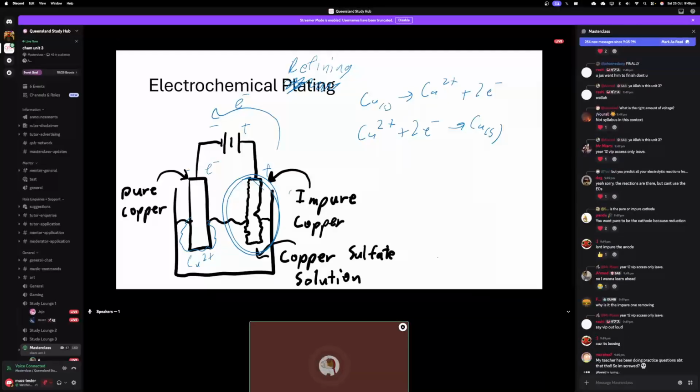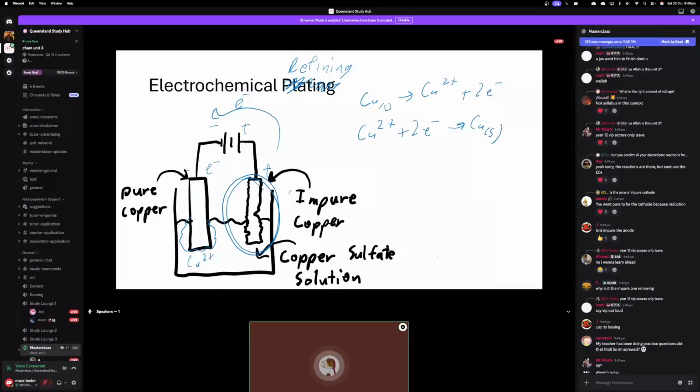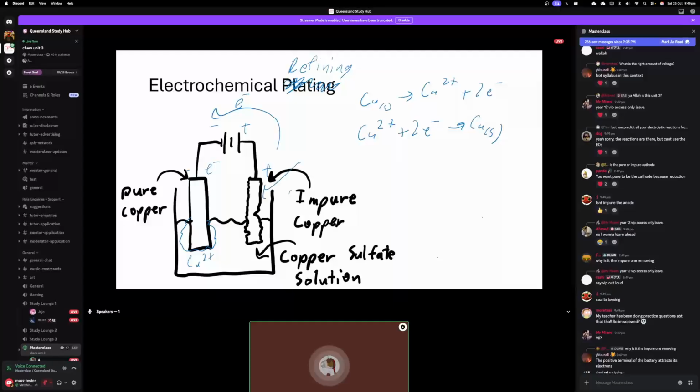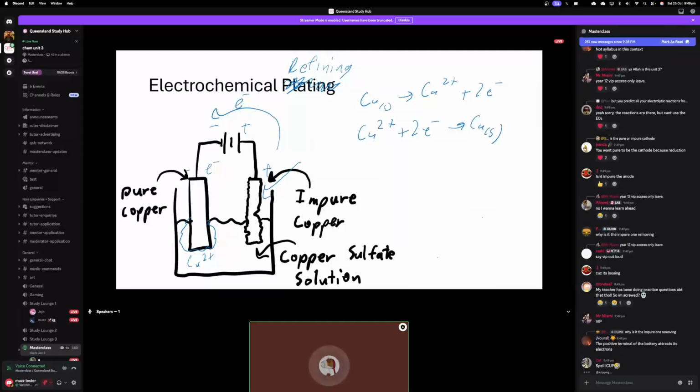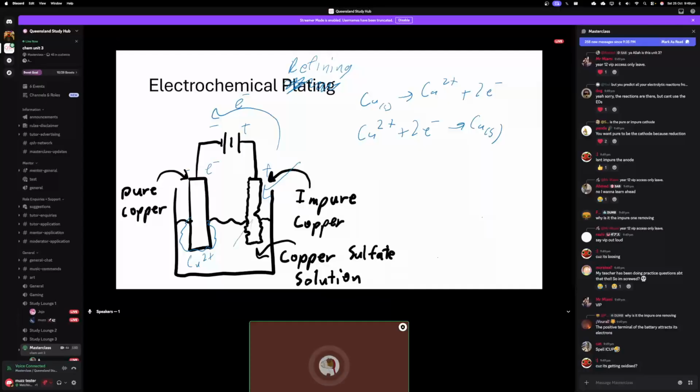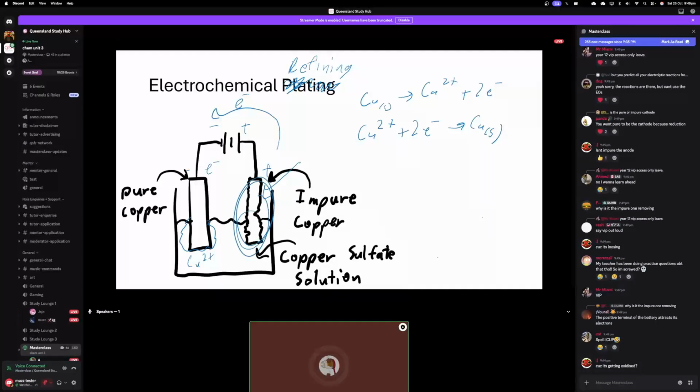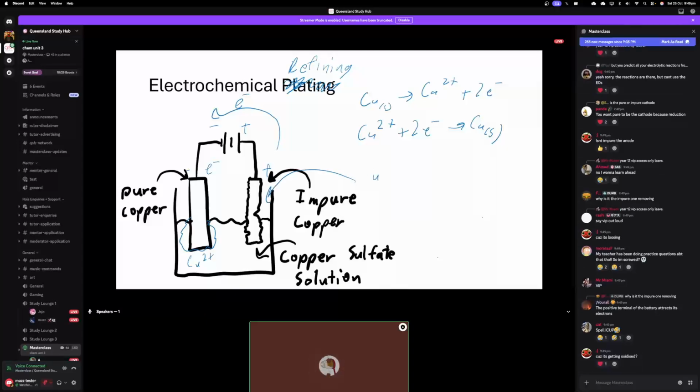Why is impure the one being removed? We take this. This is an impure mix of copper. Impure just means it has a mix of lots of different things. But I am putting it in solution because it is losing electrons, but only the copper. So let's say I had copper and I had iron, right?